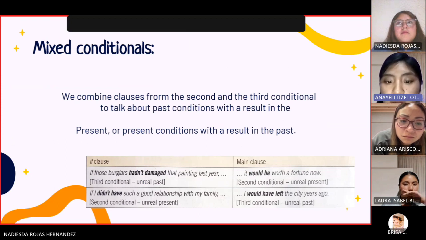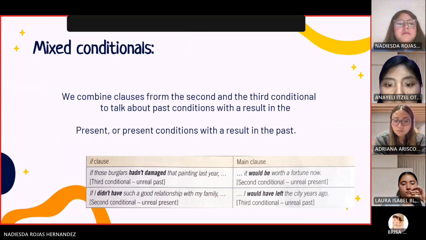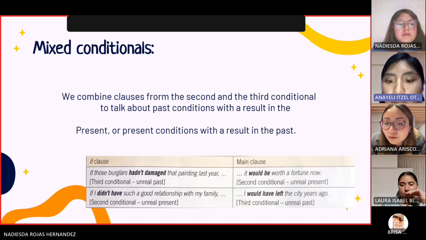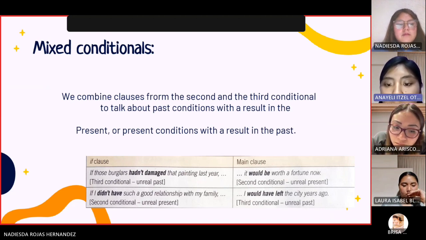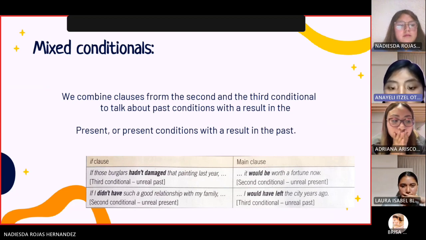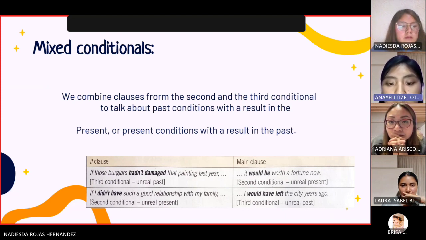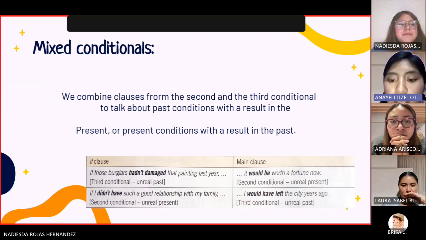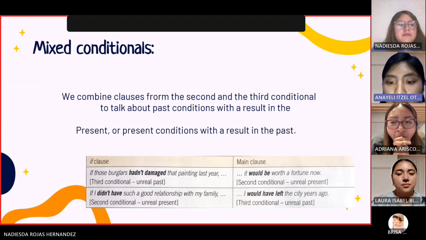The mixed conditionals. We can use a structure with would have plus past participle, and we can see in the table. For example, in column number 1, the if clause: if plus past perfect. If you had told me the answer, for example, if there had been more time.